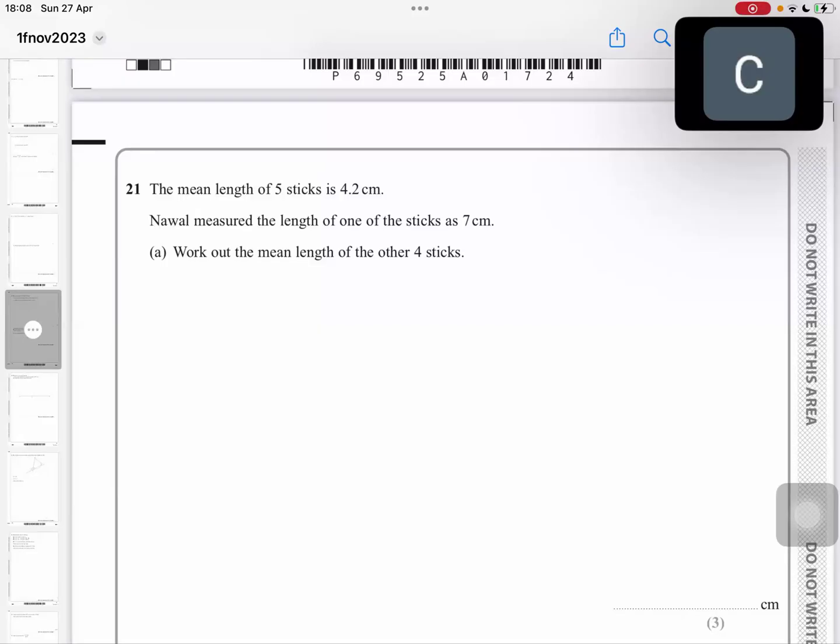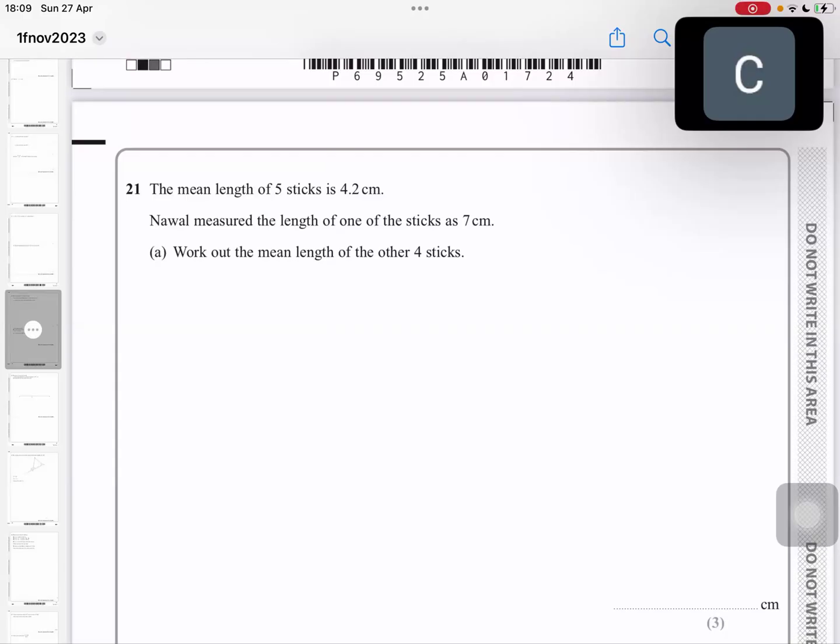So if you want to show the working, you could just say, let T be the total length for 4 sticks.